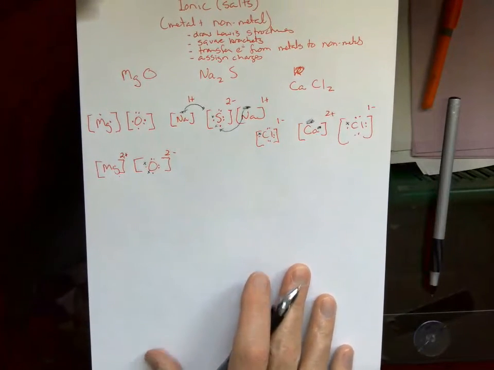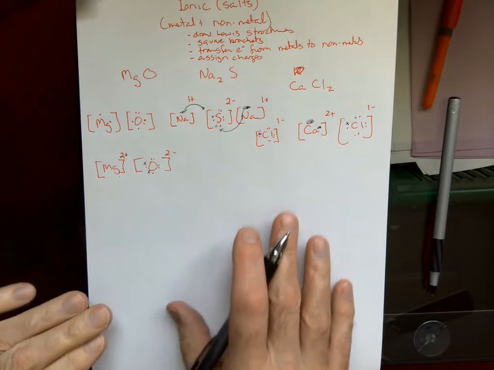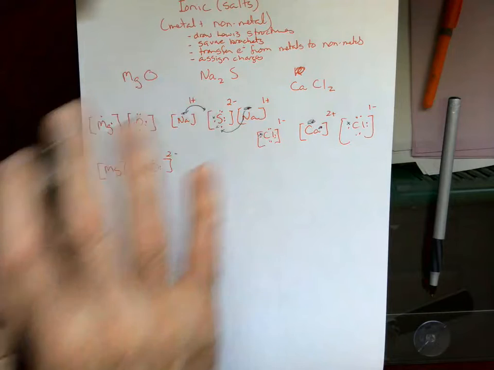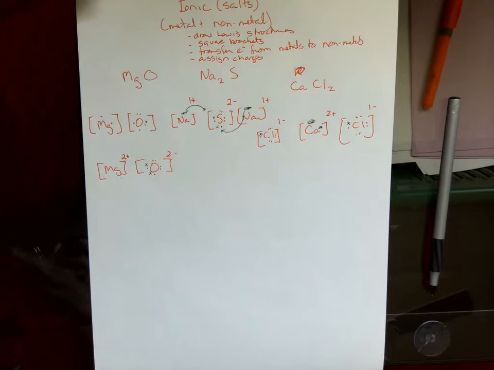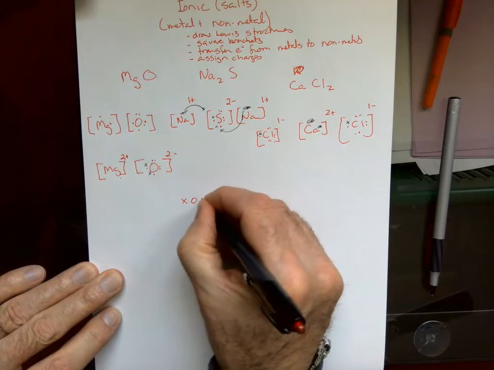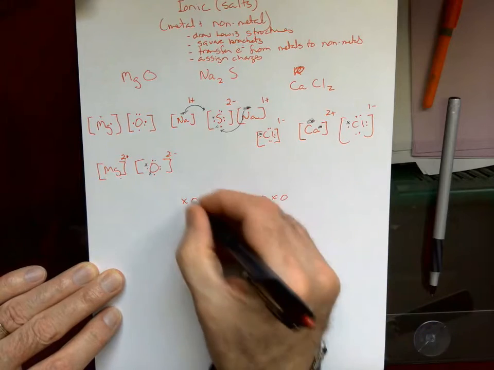Now, the last thing that I want to show you, and you won't find this on a worksheet, is that when you have an ionic substance and you see MgO, it doesn't mean one Mg and one O. So if it's CO2, which is covalent, it literally does mean one C and 2 O's. But what MgO means in ionic is you've got a repeating pattern. That's a 1-to-1 ratio.